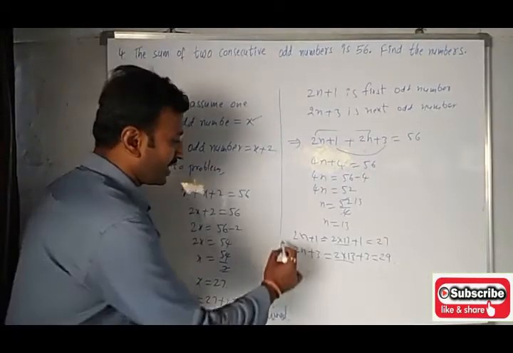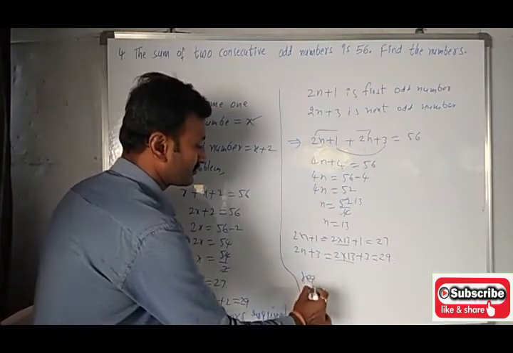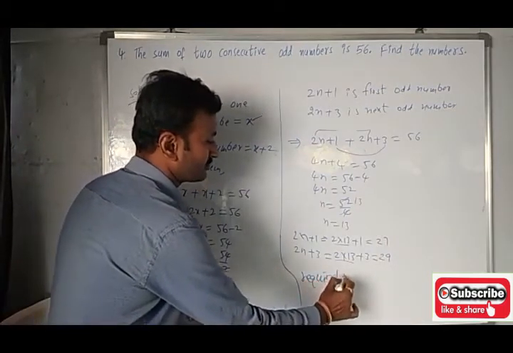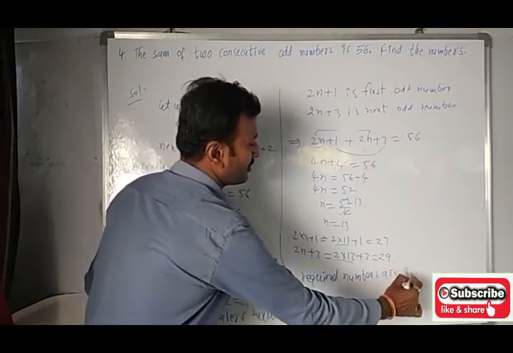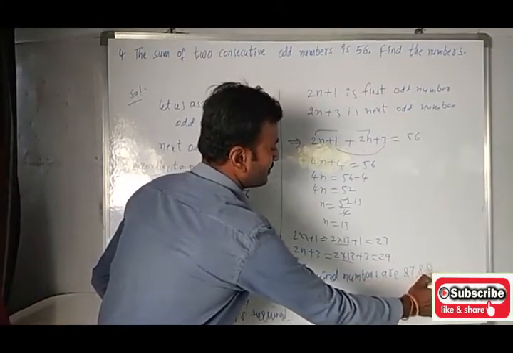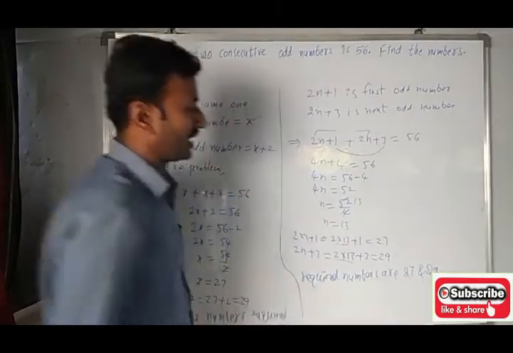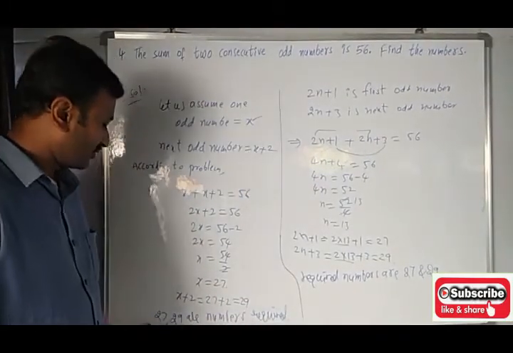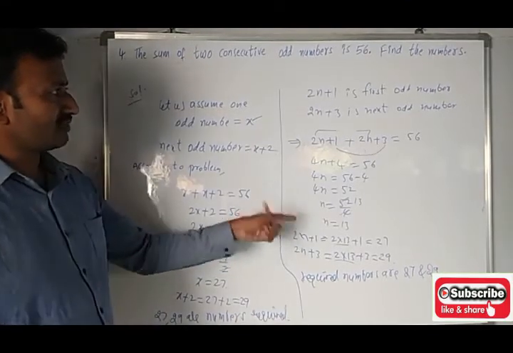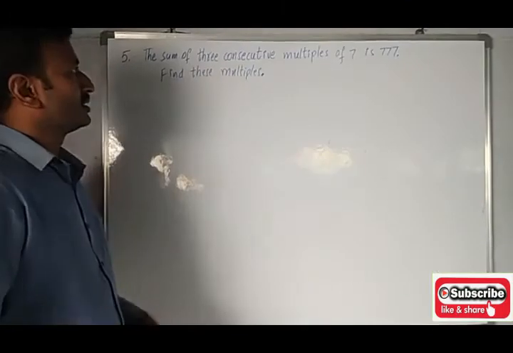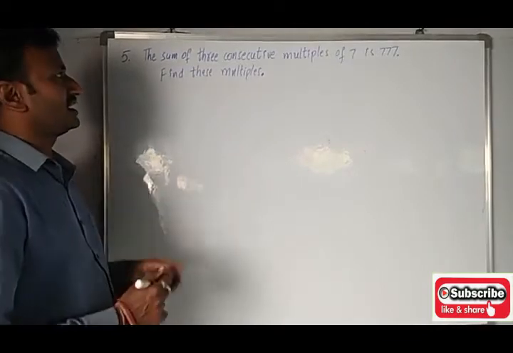So our required numbers are 27 and 29. Here also we got 27 and 29 only. But whichever is easy for your convenience, you can choose.